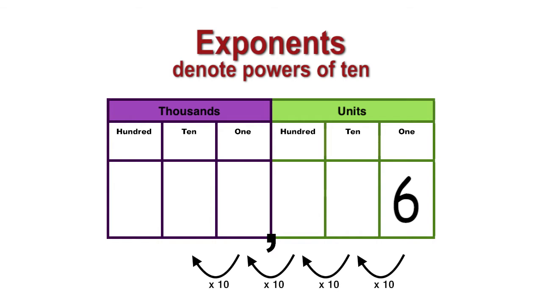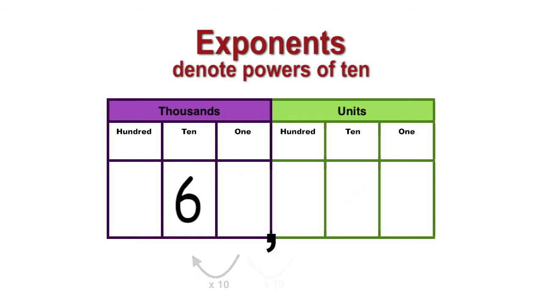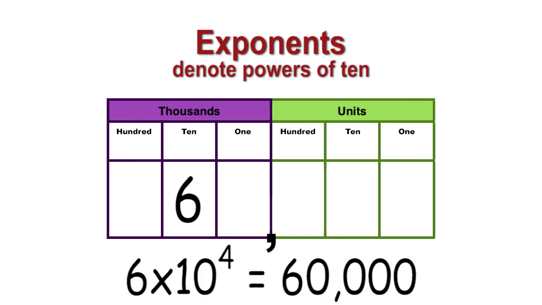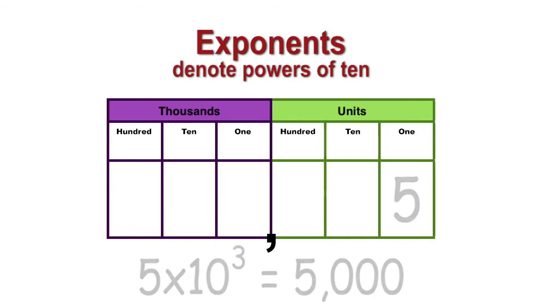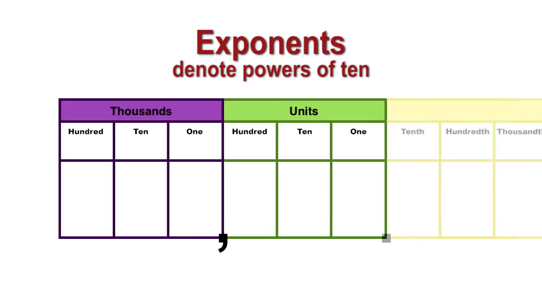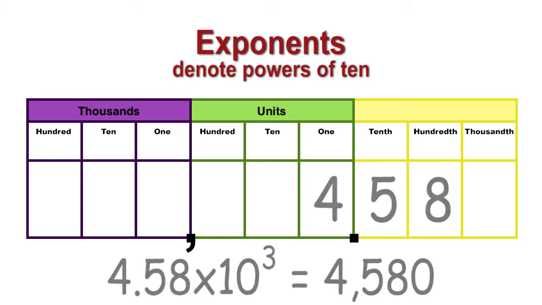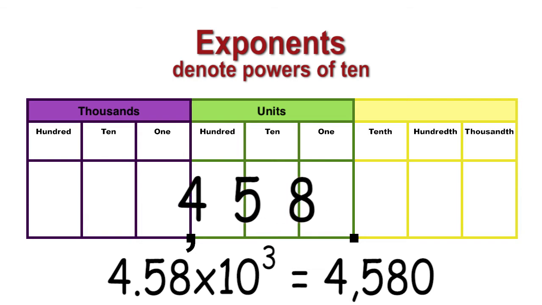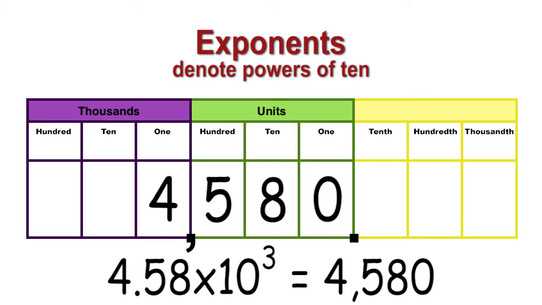Multiplying 6 times 10 four times would move every digit 4 places to the left and would be represented as 6 times 10 to the 4th equals 60,000. 5 times 10 to the 3rd equals 5,000 because we are moving every digit 3 places to the left. This concept also includes decimals to thousandths. 4 and 58 hundredths times 10 to the 3rd equals 4,580. We are moving each value to the left 3 spaces or place values.